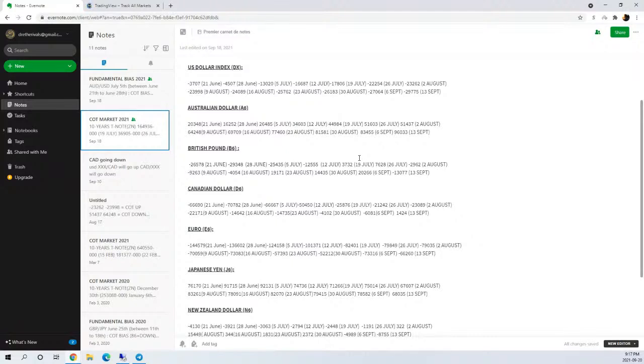And what you could see here, based on the data, if we look at the Australian dollar, on the week of the 6th, we had 83,455 commercial contracts here going long. And then for the week of the 13th, 96,033 going long. So since it's going up in value, we're looking to sell the market, okay?